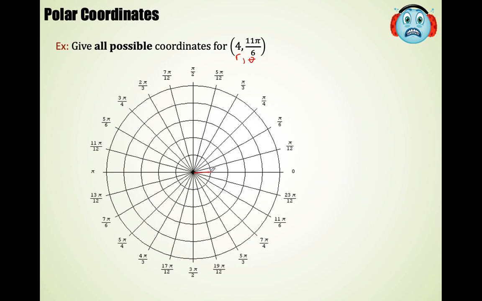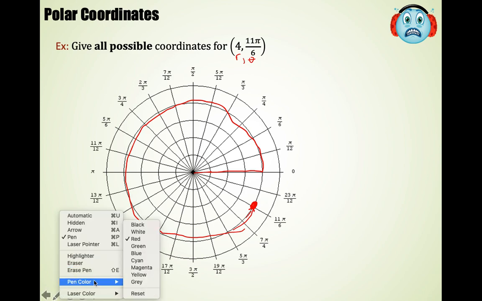Go to the fourth circle, 1, 2, 3, 4, and then go all the way around to 11 pi over 6, which is just shy of 2 pi. There is that point.